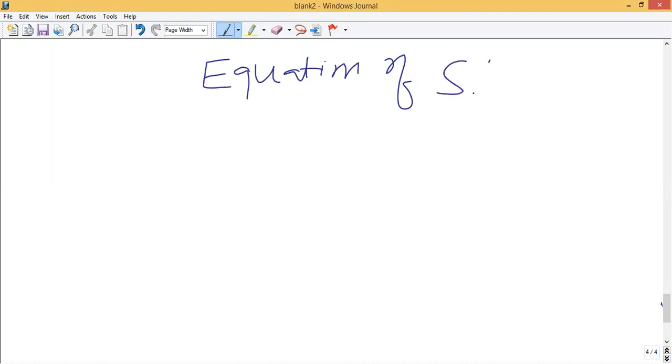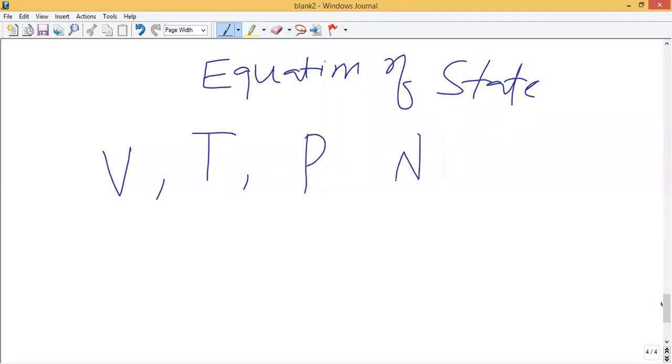Equation of state. Equation of state shows a state of gas. So you know that there are certain observables you can observe, such as volume, temperature, pressure and number of molecules.